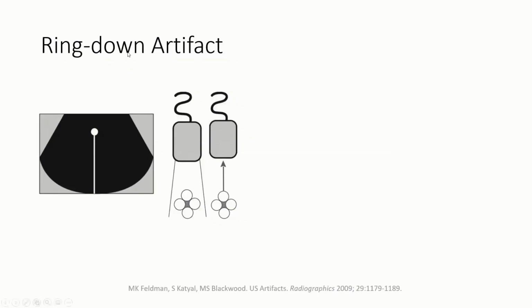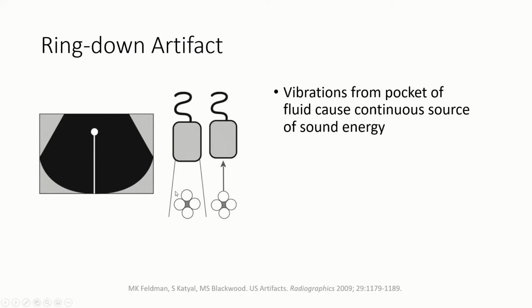So as I mentioned, that artifact is called ring-down artifact, and then there are high echoic signals here, and then some tail or bright line beneath it. That is made due to vibrations from a pocket of fluid.